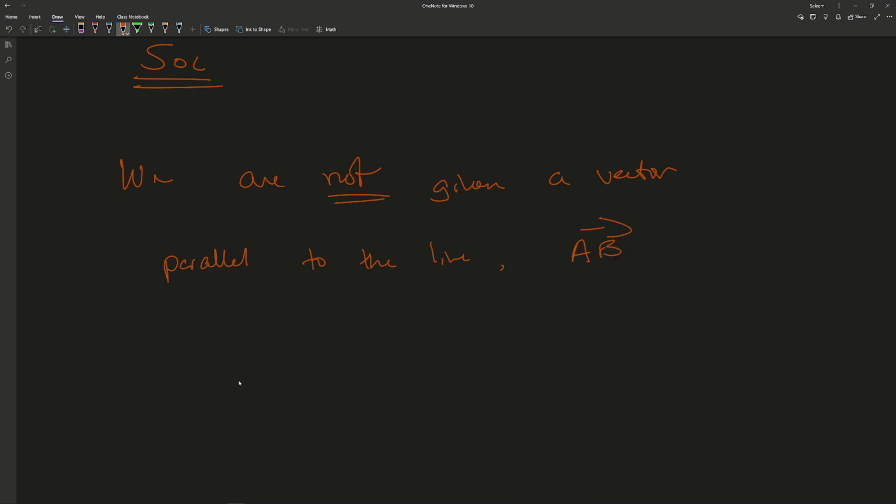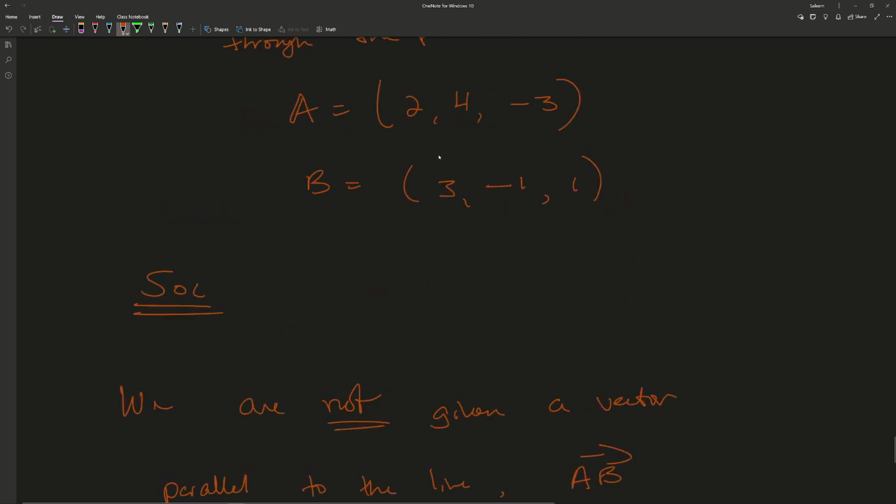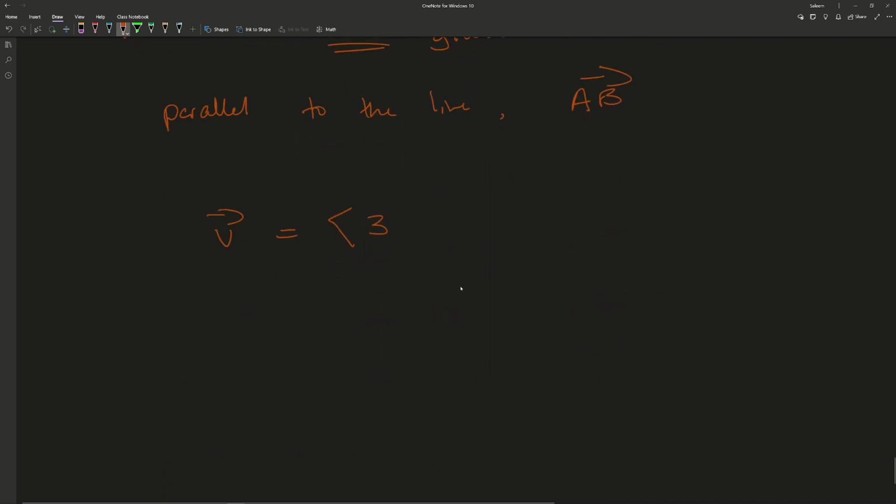How do we do that? This is why we did the preliminaries of this, to understand how to add and subtract these vectors. So it'll be 3, what was B again? A is 3 minus 2, negative 1 minus 4, and 1 minus negative 3.